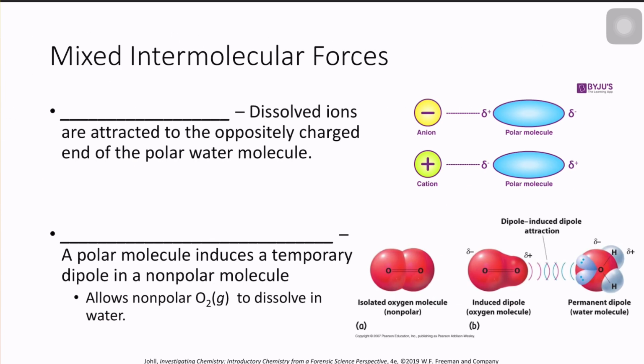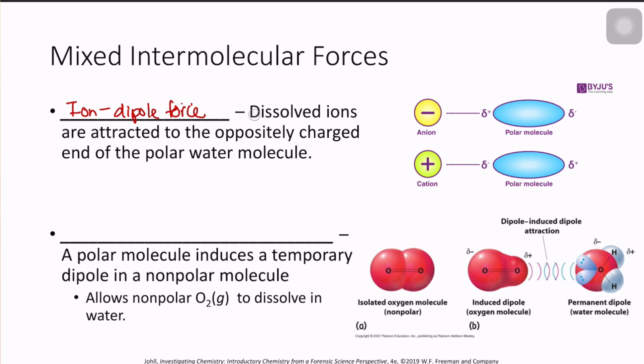When you start making solutions and having different molecules or compounds mixed together, different things can start happening with your IMFs. So if you dissolve a compound in a polar solvent, you can get something called an ion dipole force.